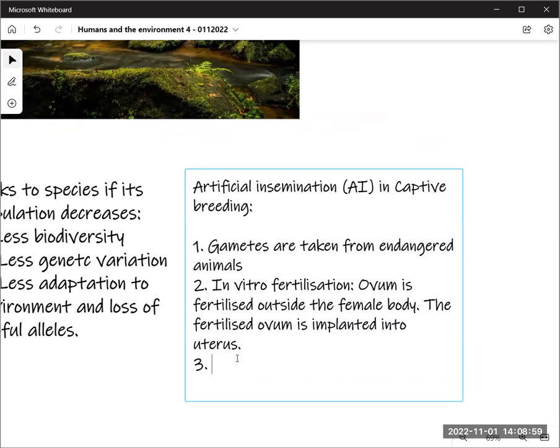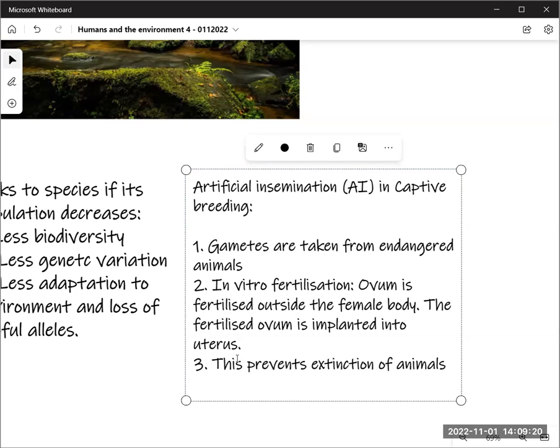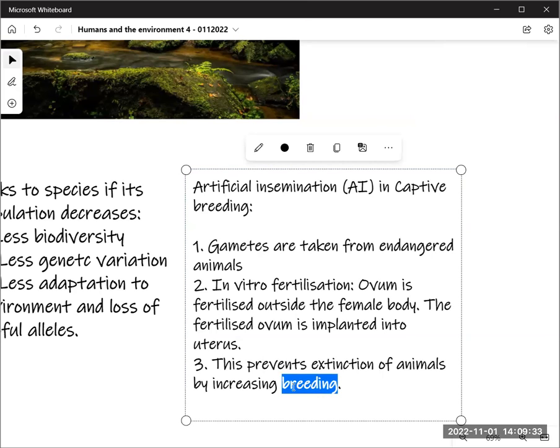This allows saving, or just, this prevents extinction of animals by increasing population or by breeding. That's it.